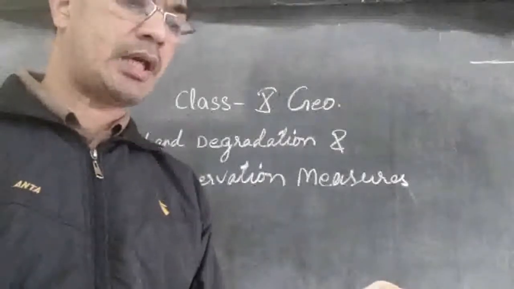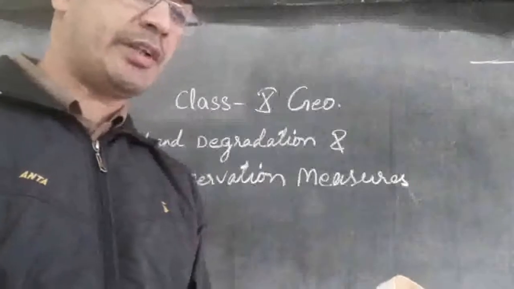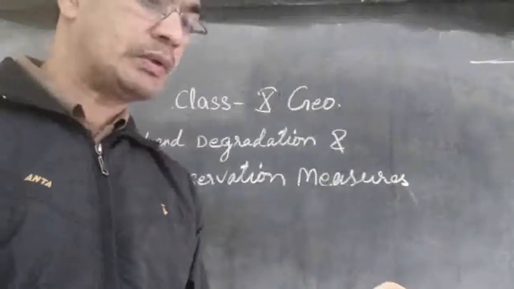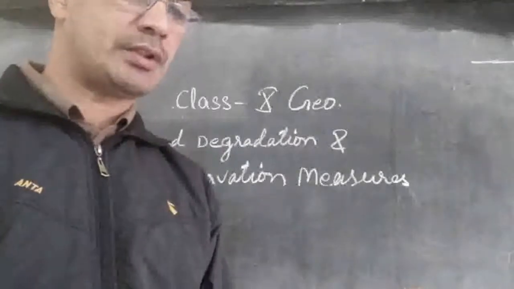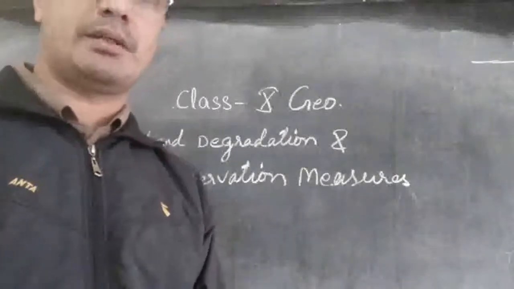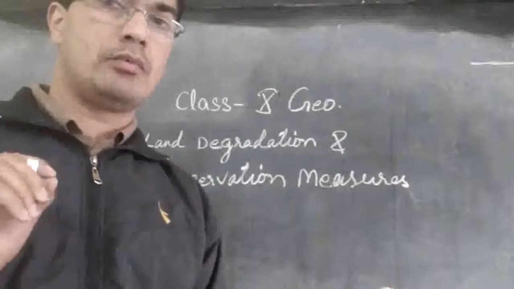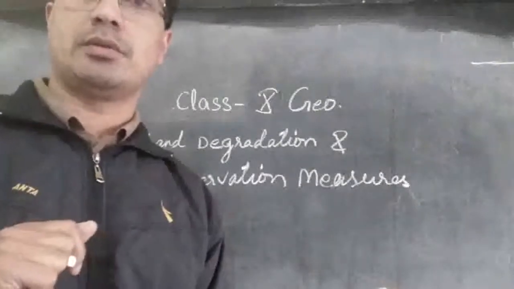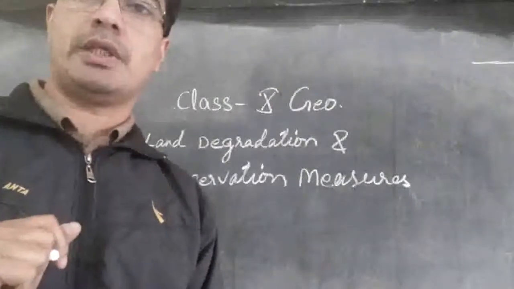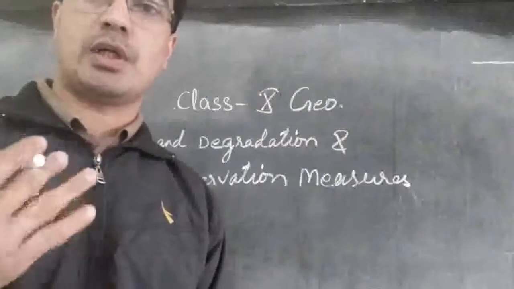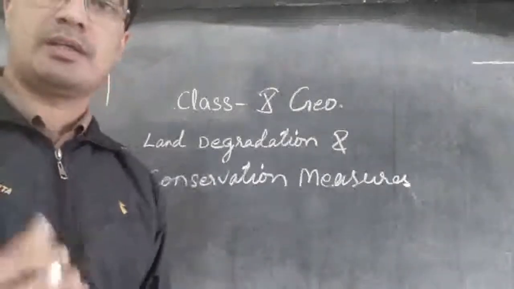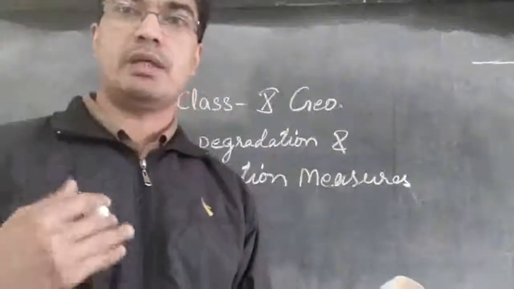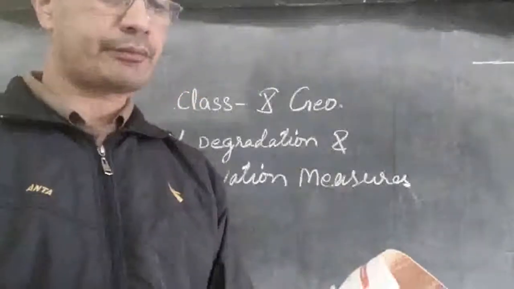Human activities have not only brought about degradation of land but also aggravated the pace of natural forces to cause damage to land. So human beings are the most responsible for the degradation of the land. Because of our various activities we are spoiling the land and the land is being degraded day by day.